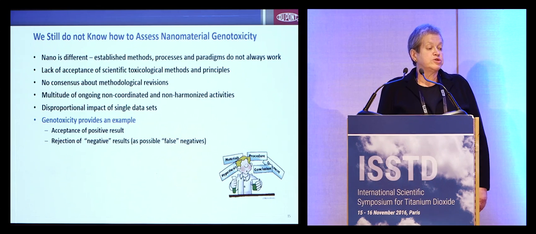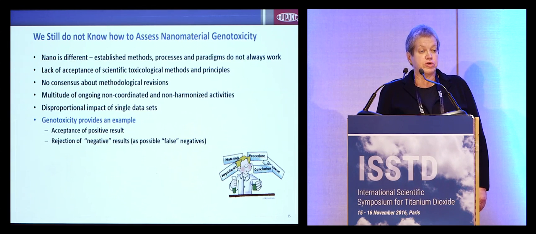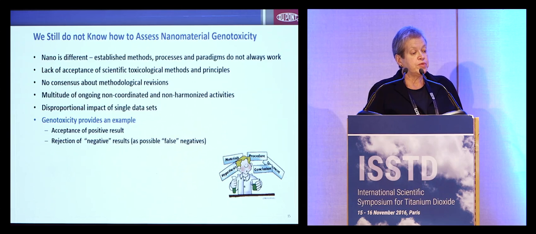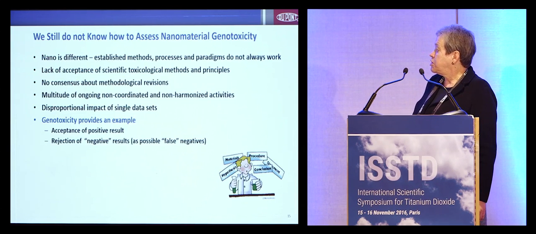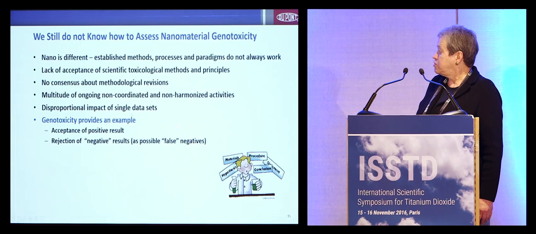There is really no consensus about methodological revisions. There are many ongoing, not coordinated and not harmonized activities at the same time, which makes things even a little bit more confusing. Single data sets get a lot of attention, and genotoxicity is actually a very good example of this thing with the results.